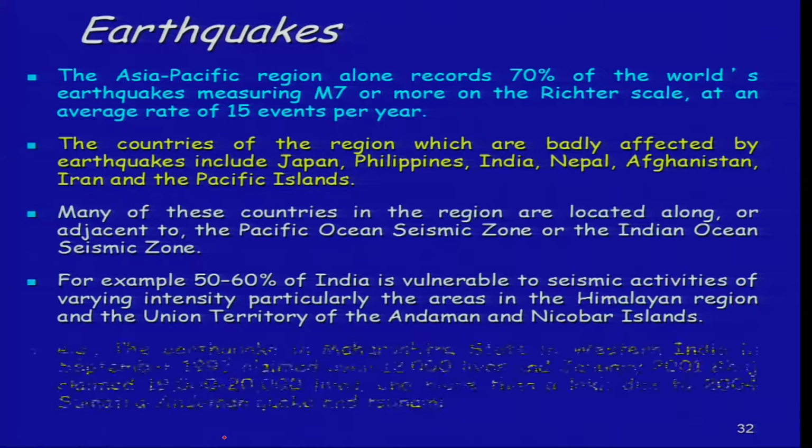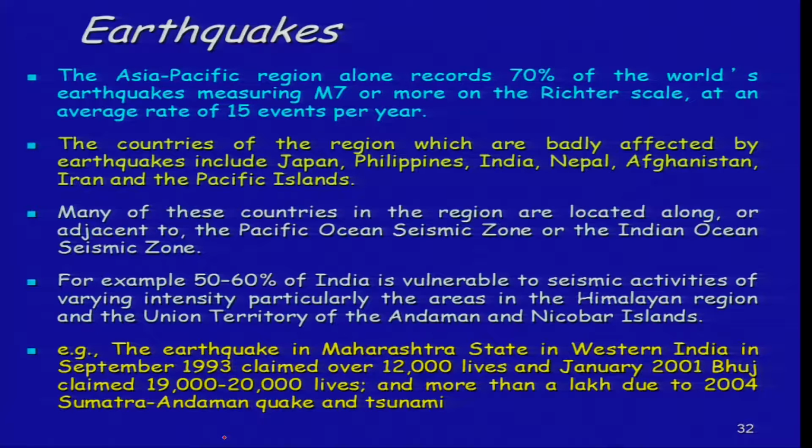For example, if we consider the Indian subcontinent, we had earthquakes within the plate, such as the 1993 Killari earthquake in Maharashtra and the 2001 Bhuj earthquake. Killari claimed almost 12,000 people, whereas Bhuj killed around 19 to 20,000 people.